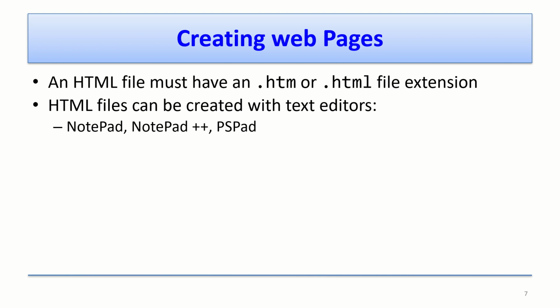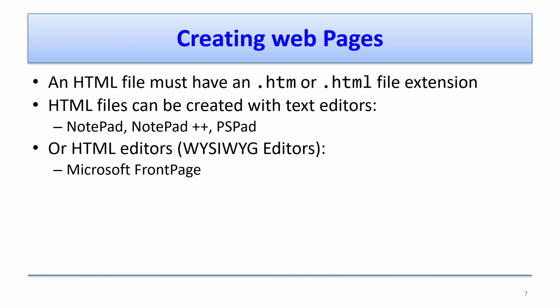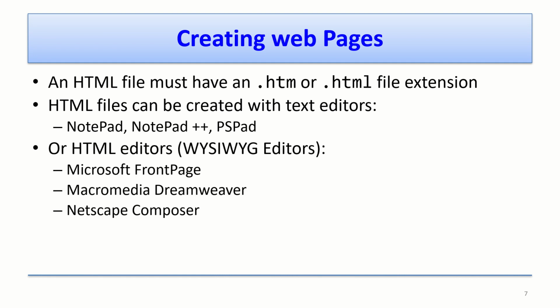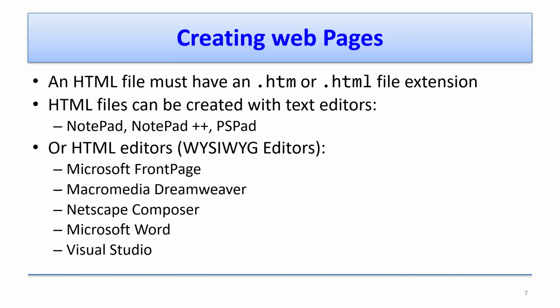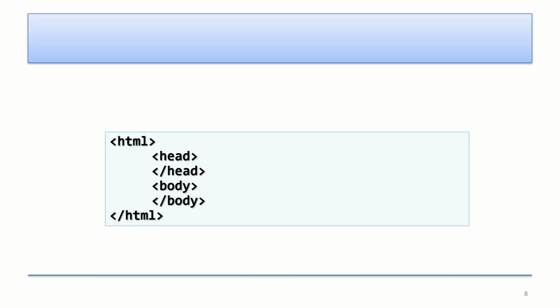For the time being, we use Notepad, and later on we can use Notepad++. These are the tools that we can use for creating web pages. But for beginners, it's better to use a plain text editor to create web pages. So this is the basic structure of the web page.